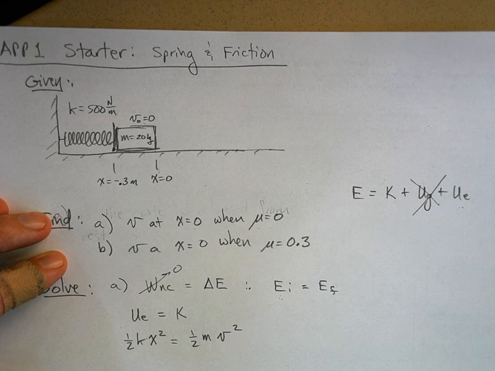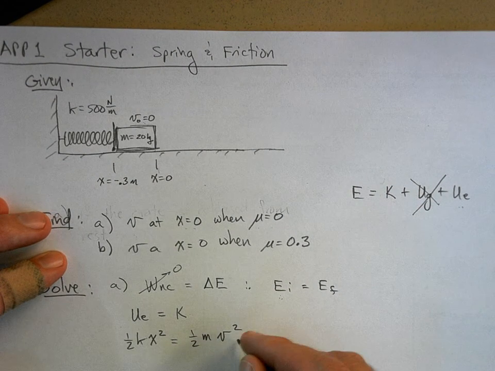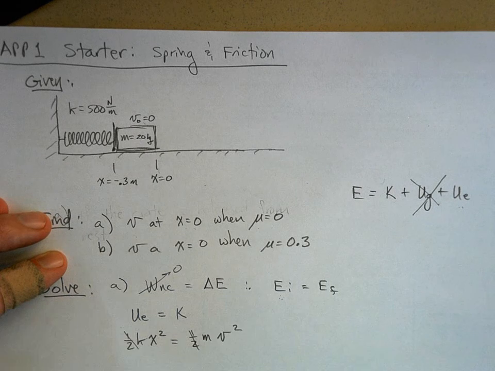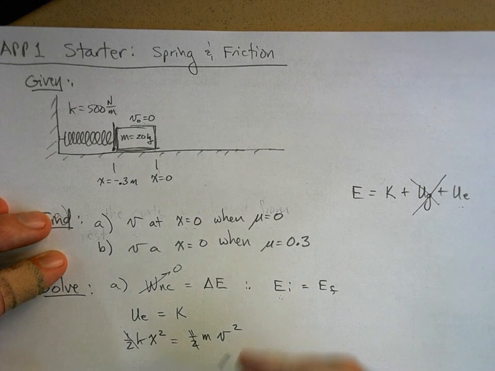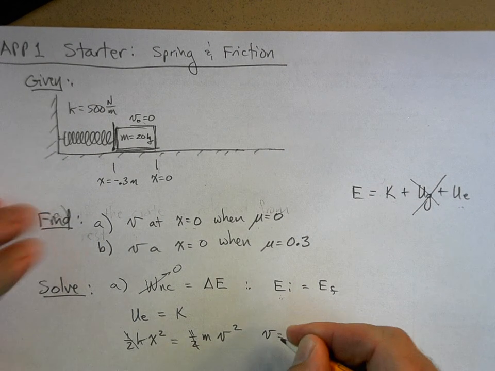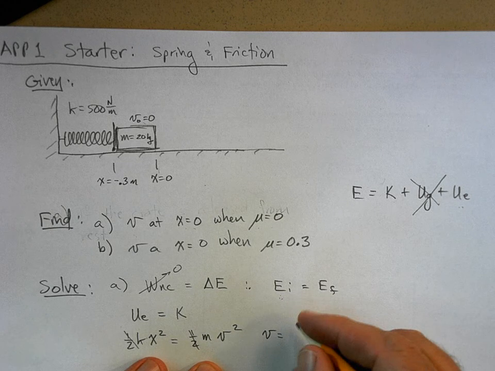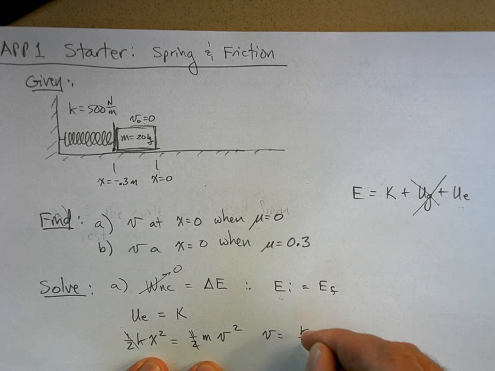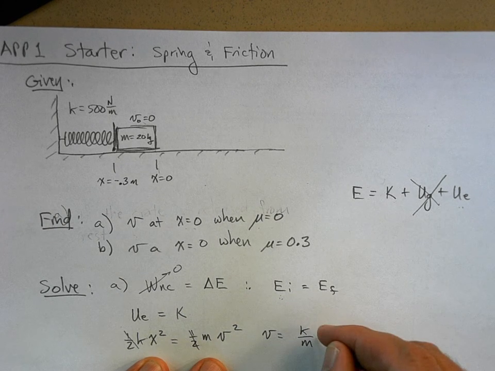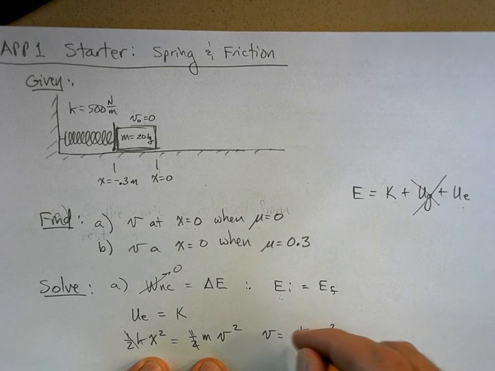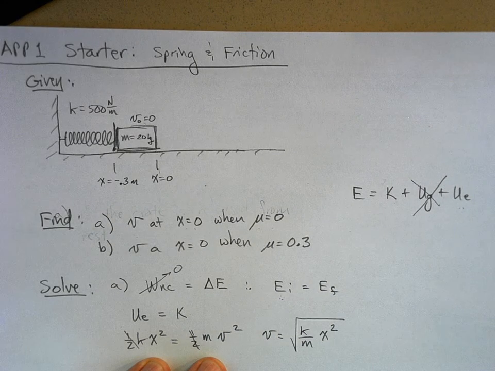So now all we need to do is solve for the velocity. The 1/2 goes away, and so v is going to be equal to k over m, I'm going to divide by m, times x squared, and then we're going to take the square root.